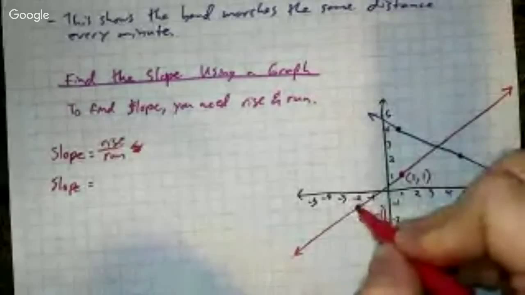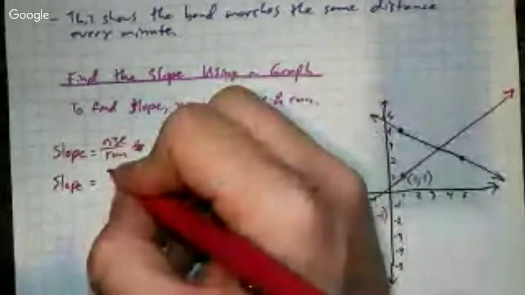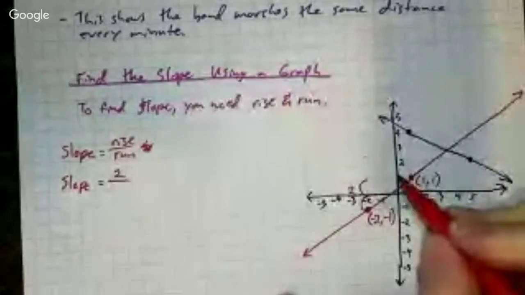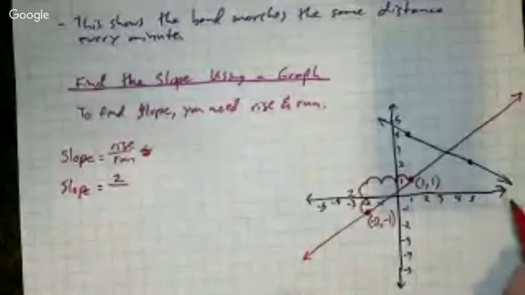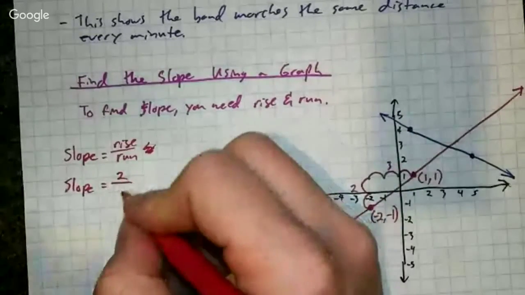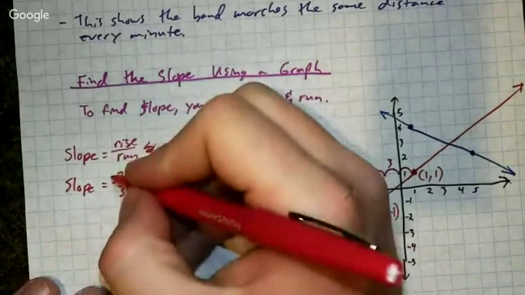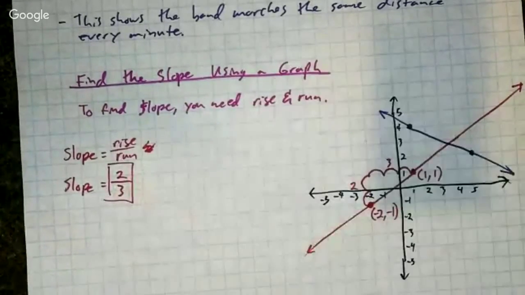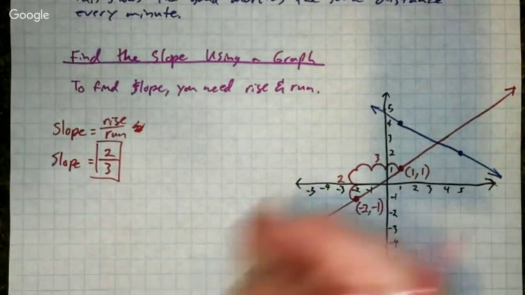Start at the lower one. 1, 2, okay. The rise is 2 over the run. 1, 2, 3. And since it's going in a positive direction, it's a positive number. So our slope for the red line is 2/3. It rises at a rate of 2 over 3.